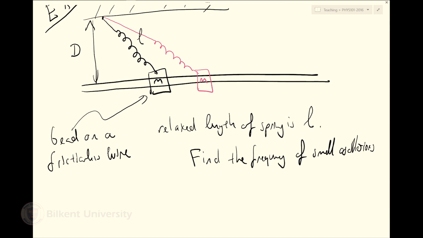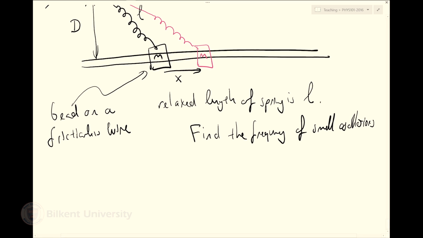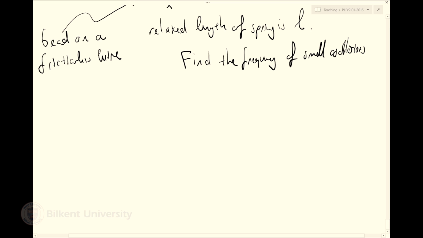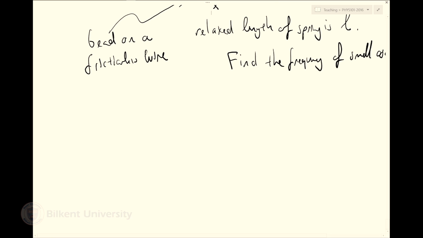So is there any need to panic? No. If I ask you to find the acceleration when the distance from its original point is x, you would be able to do that. So let me redraw this.